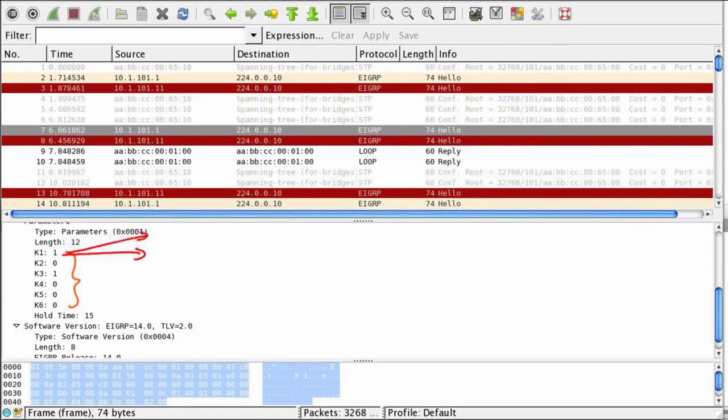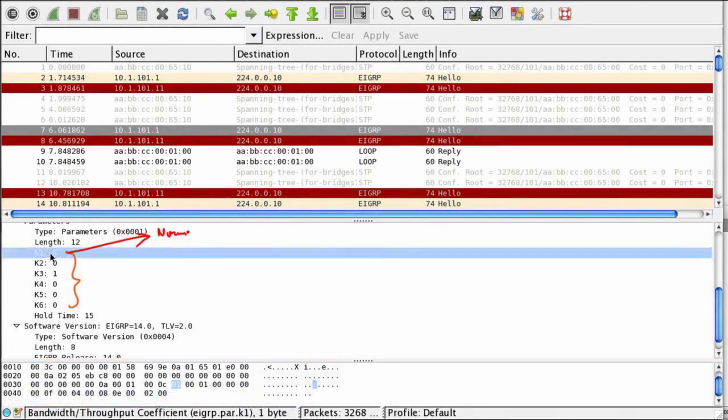The first meaning in red is going to be my normal operation. So in normal operation, if I just highlight this metric, notice down here it says it's bandwidth. So in normal operations, K1 is a coefficient used to modify bandwidth, and it's going to be 1 by default. However, in the confines of our wide metric computations, it's going to be considered to be throughput.